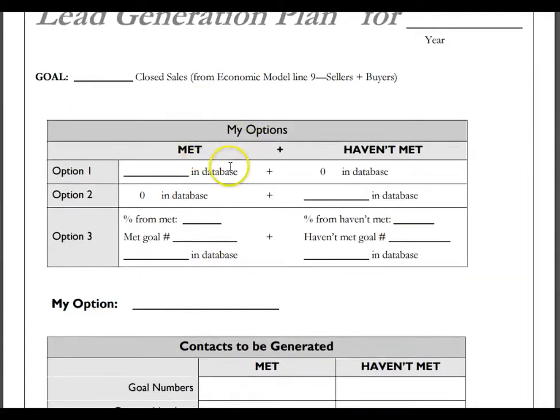Okay, we talk about the database, and I mentioned to you that METs and non-METs have a different rating in the database. So the statistics for METs, for every 12 METs you have in your database, you should get 2 pieces of business. And so what would happen is someone in your database gives you business, you sell their house, and then they refer you to a friend.